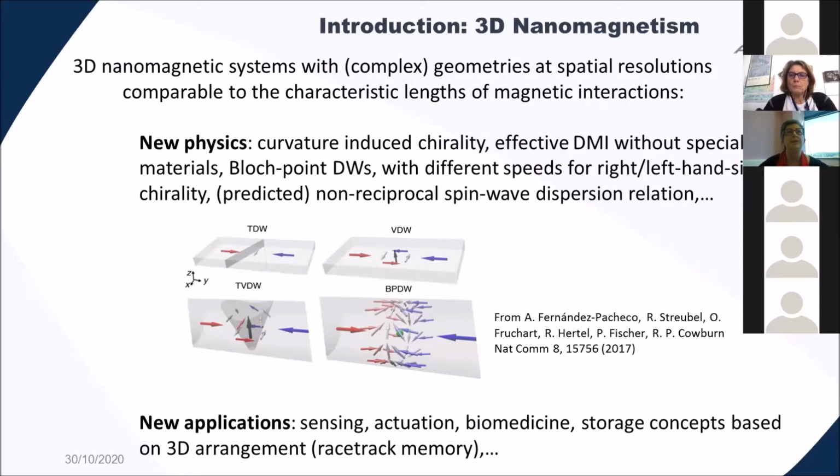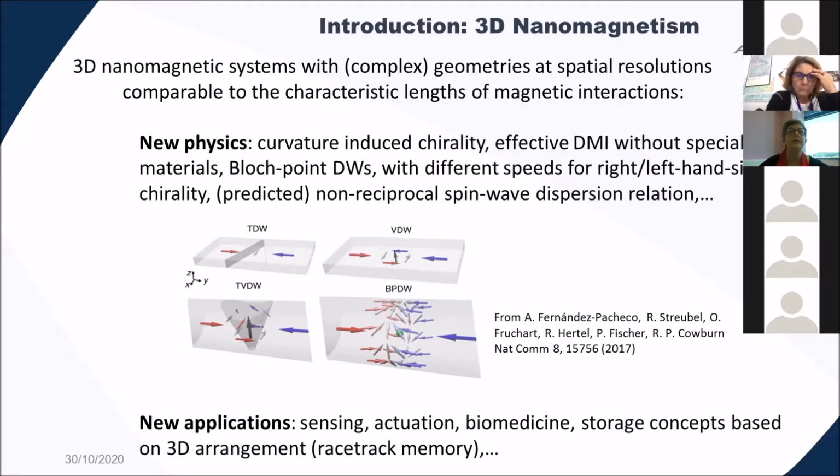This gives rise to new physics. For example, we can have curvature-induced chirality or even DMI without heavy elements. We have special types of domain walls, which are not possible in 2 dimensions, with different limits for speed, even different speeds for right or left-hand chirality or propagation direction, and so on.